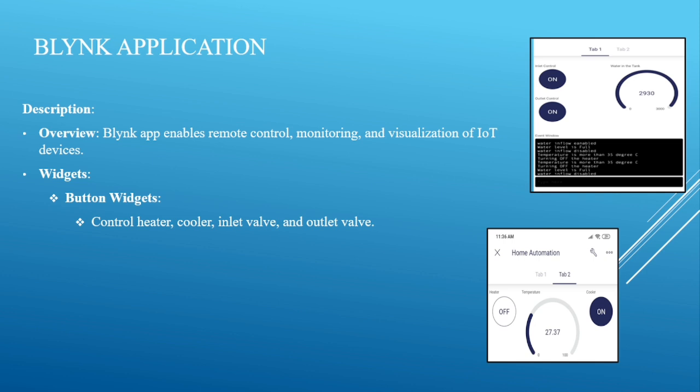It contains widgets, which include button widgets. The app includes button widgets that allow users to control the heater, cooler, inlet valve, and outlet valve. These widgets facilitate remote operation of these devices, making it easy to manage the system from anywhere.